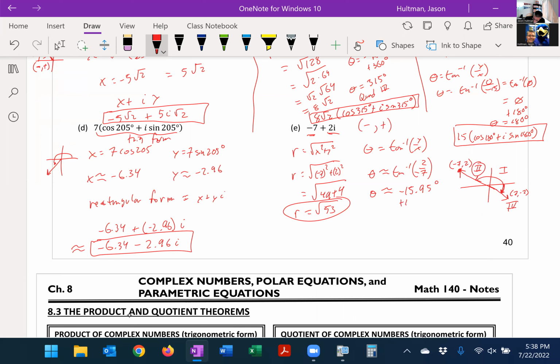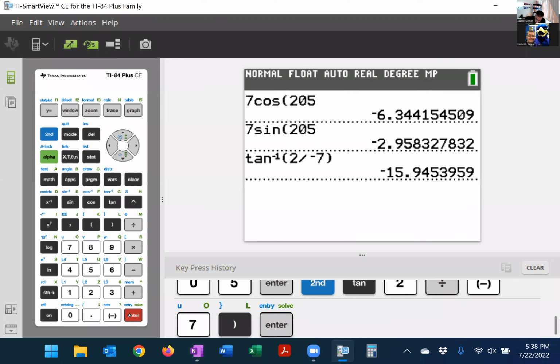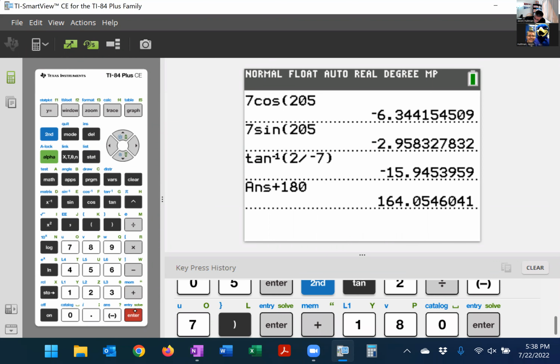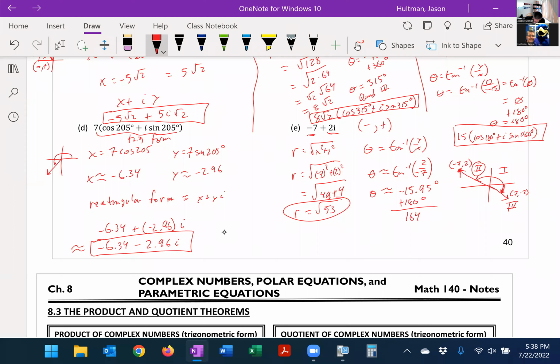So what I'm going to do is add 180 degrees to this, to get the next cycle of the tangent value. So 180 plus this, we already have it stored in our calculator, and I get 164.05 degrees. That is theta.